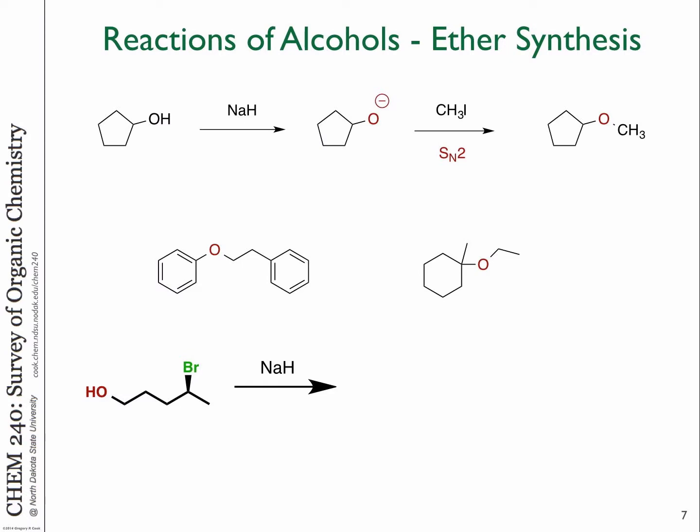What does sodium hydride do? Takes the hot proton off of the alcohol to make an alkoxide, right? So what happens is you generate this. Okay? Now we have an alkoxide, and we have an alkyl bromide.